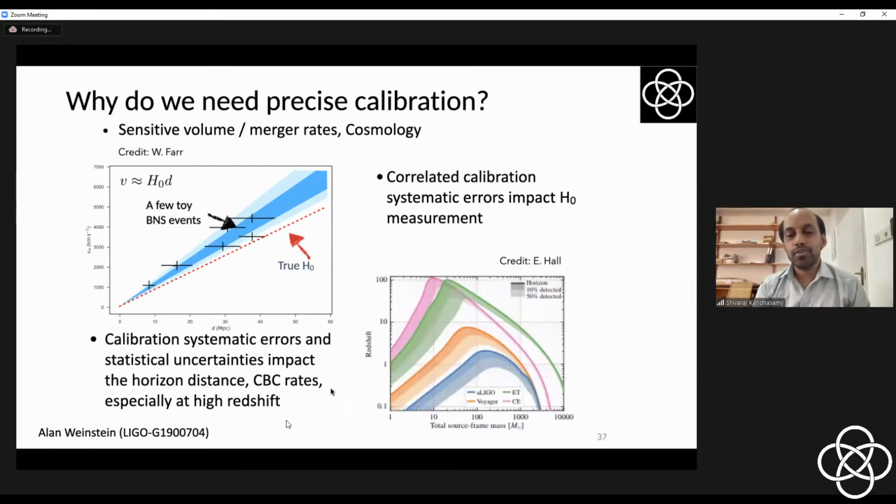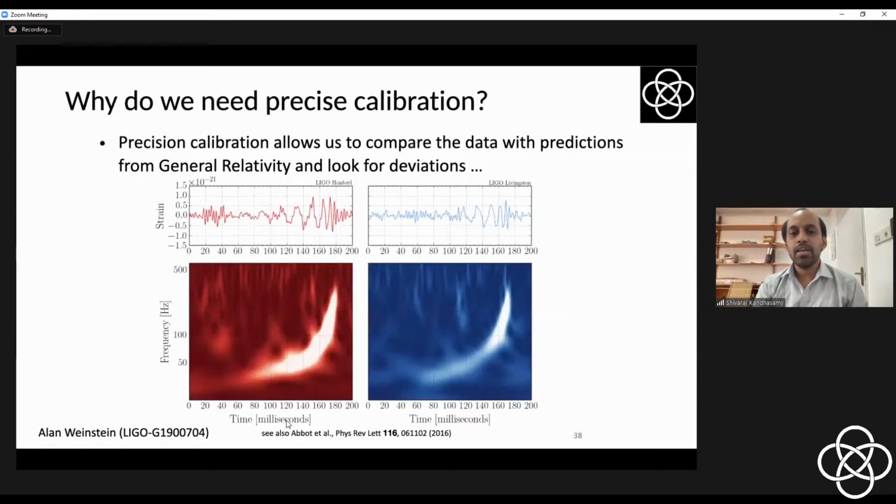Right now, we have 2 to 3%, but if you want to measure H0 to 1%, then the calibration uncertainty also has to come down to the 1% level. Also, if you want to look for deviations from general relativity, because all these waveforms are modeled using general relativity, then we also have to have very good precision of this data.